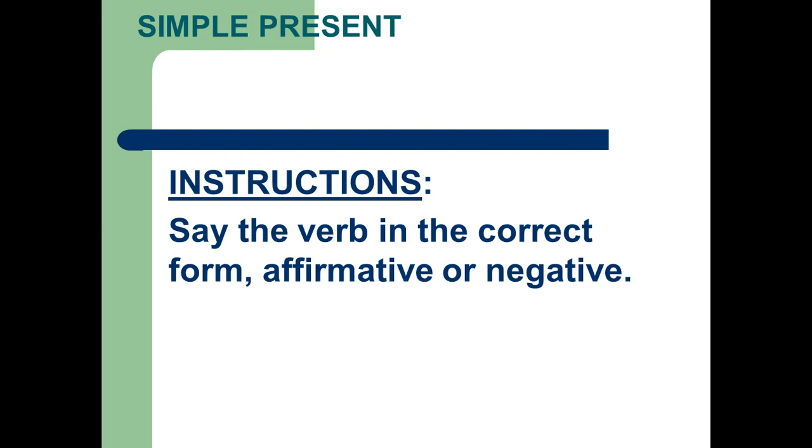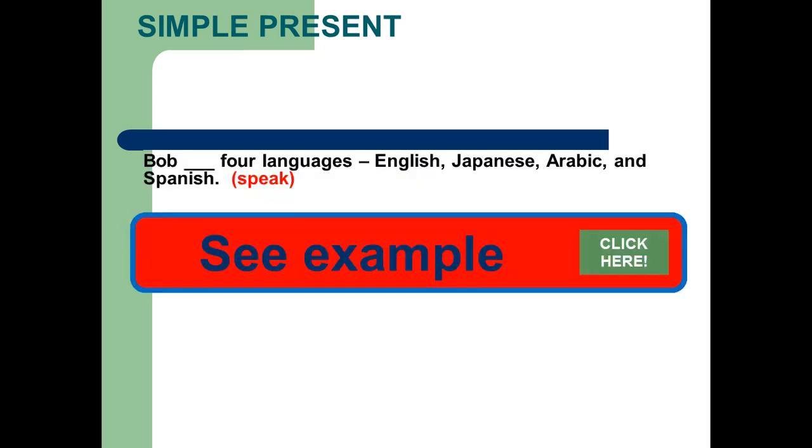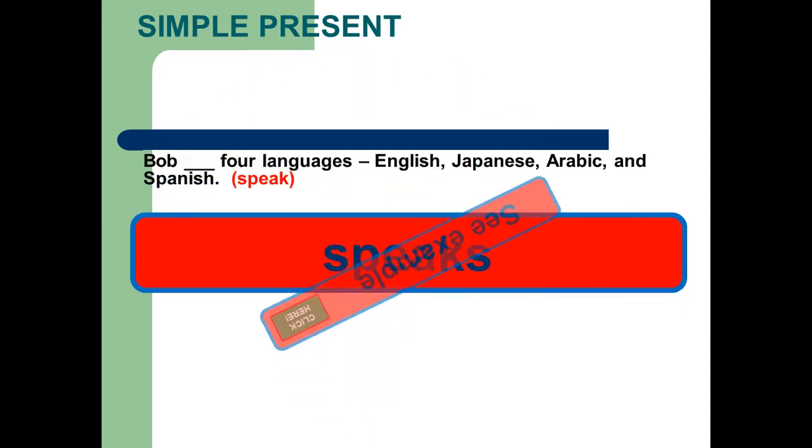So, in the next activity, you should say the verb in the correct form, affirmative or negative. Bob speaks 4 languages: English, Japanese, Arabic and Spanish.